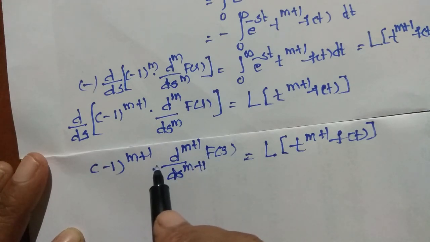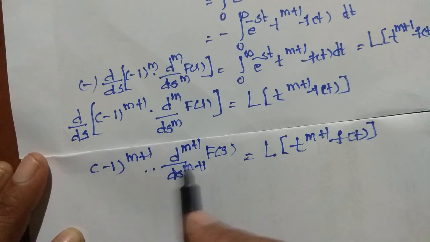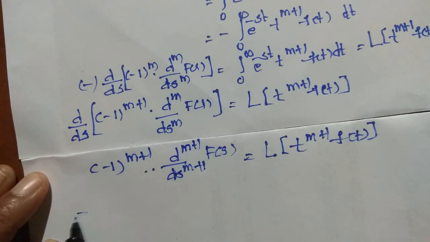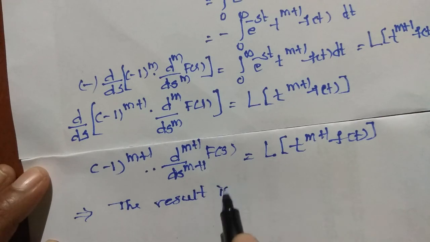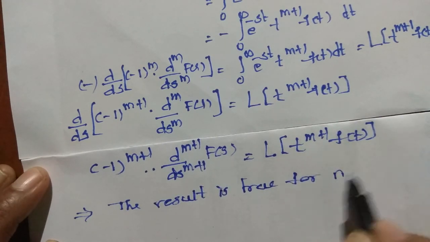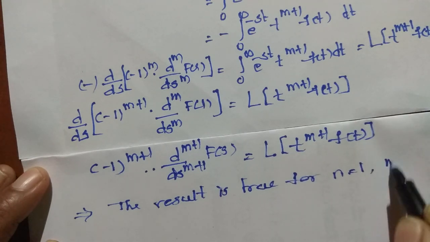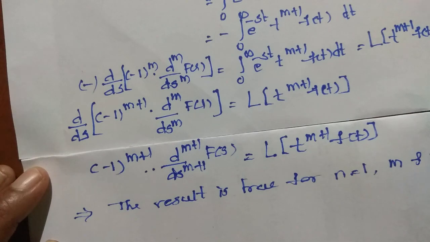So the result is true for n equals 1, n equals m, and n equals m plus 1, which implies that the result is true for n equals 1, m, and m plus 1.